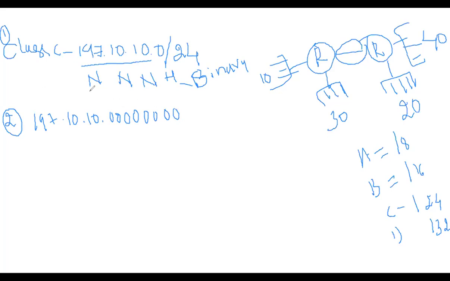For class C, 3 octets are reserved for network and 1 octet for host. Whenever you do the subnetting, you have to see only the host part, and convert it into binary, 8 bits, that is 4 zeros plus 4 zeros. That becomes 8 bits.